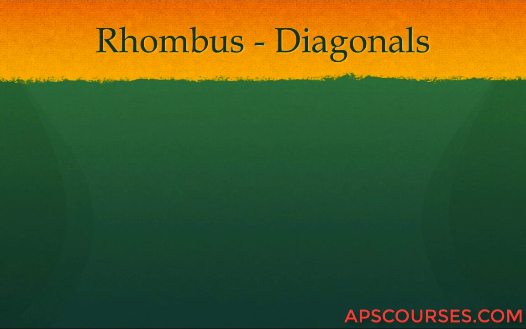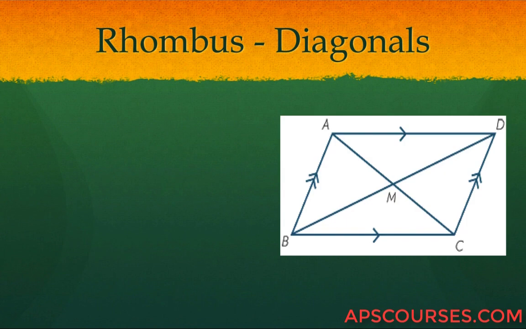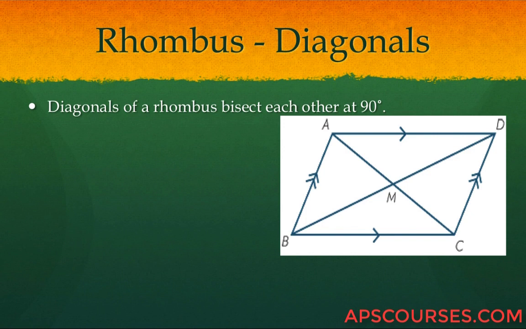The diagonals of a rhombus. In this figure, ABCD is a rhombus and the diagonals of a rhombus bisect each other at 90 degrees. We can easily prove that triangle ADM is congruent to triangle CDM. This is because AD is equal to DC since the adjacent sides are equal for a rhombus.